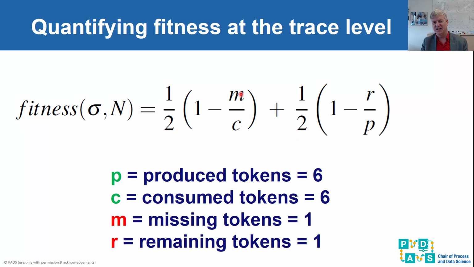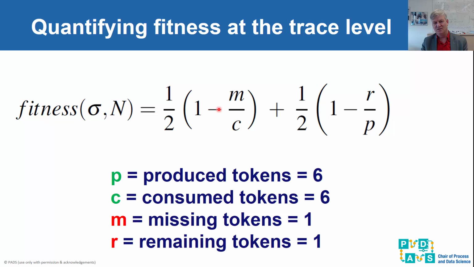If on the other hand, all the tokens that we consumed were missing in the first place, and all the tokens that we produced while replaying were never actually used, were all remaining, then we have the worst possible situation.